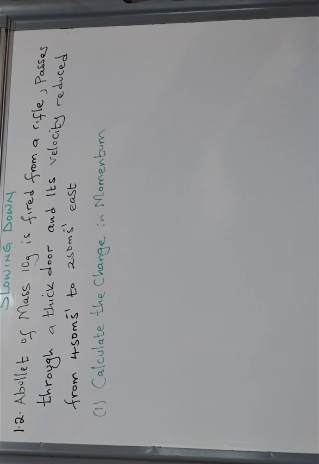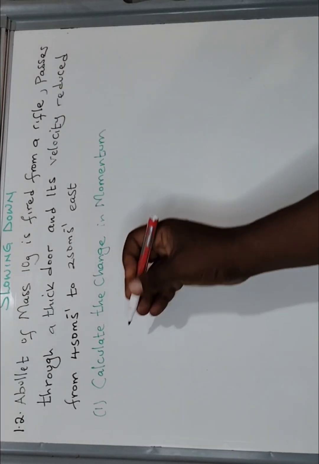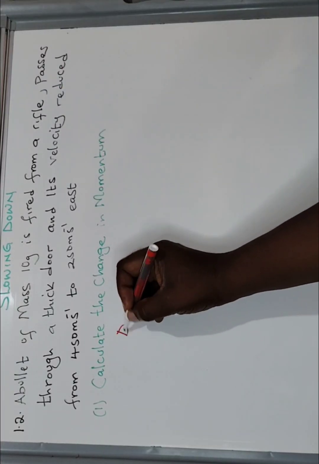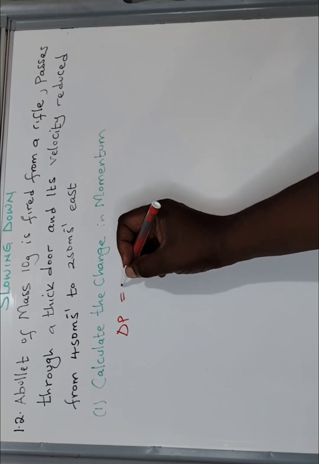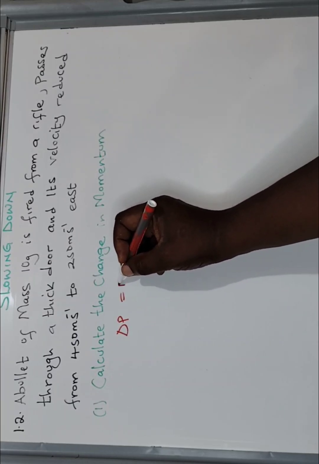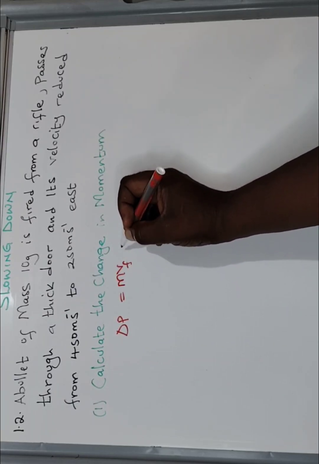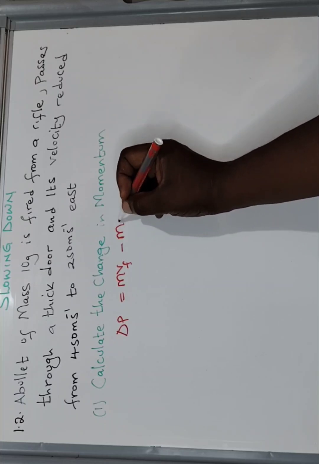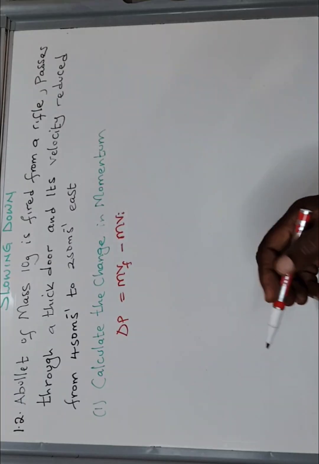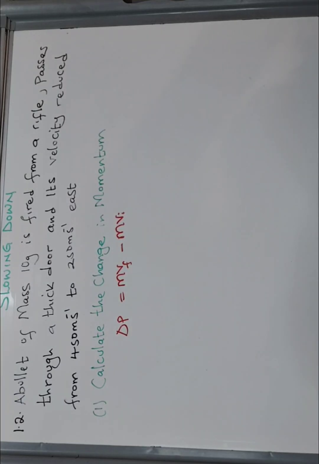Okay, how do you go about this? This is what you have to know. We already know the equation. The equation says change in momentum is equal to mvf minus mvi. After that, what's the next step? It is to look for these variables.